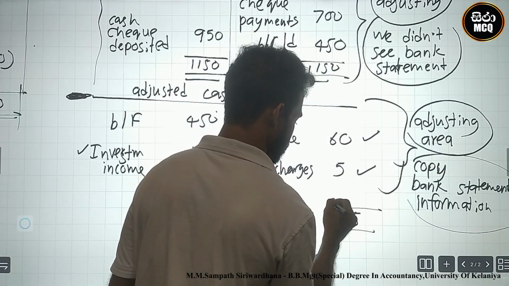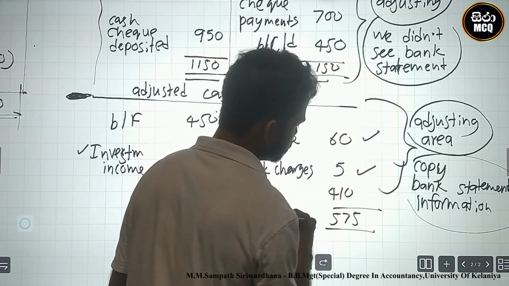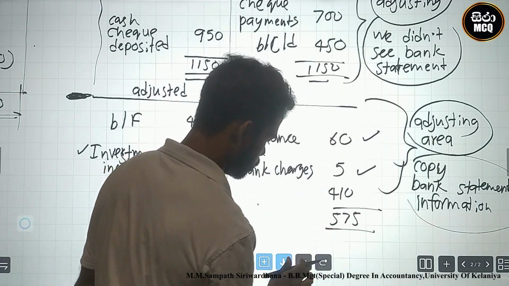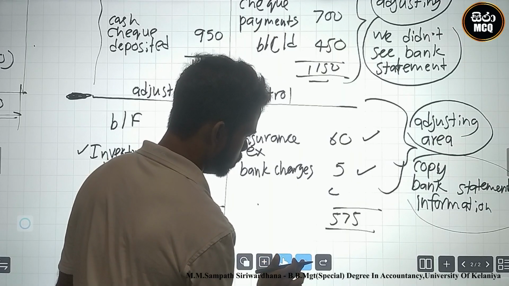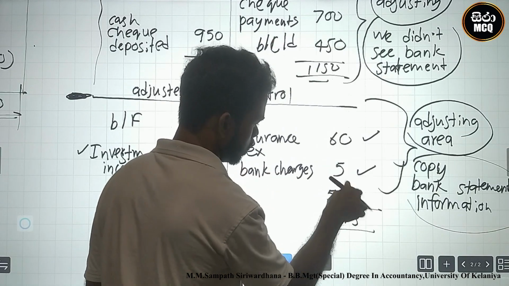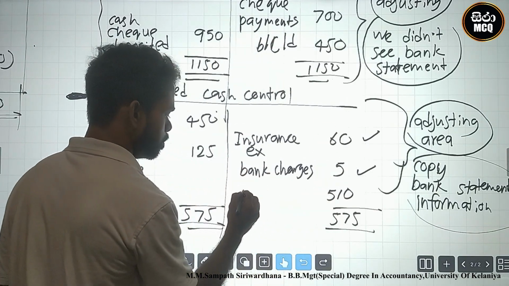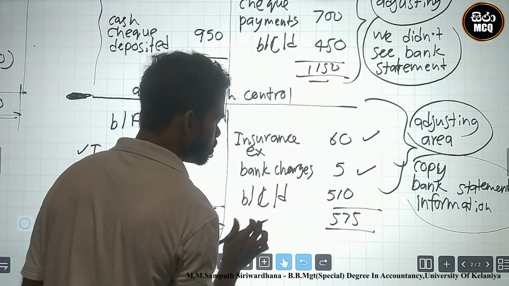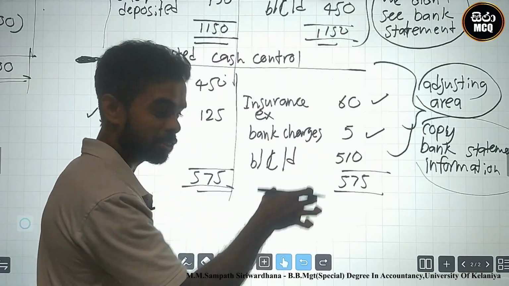The 65 must be deducted. 510. 575. Balance carried down. This is the adjusted cash control account.